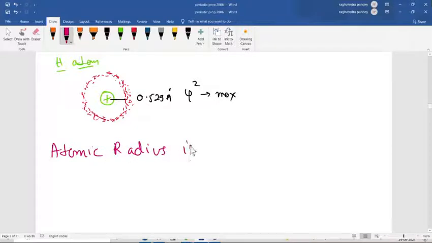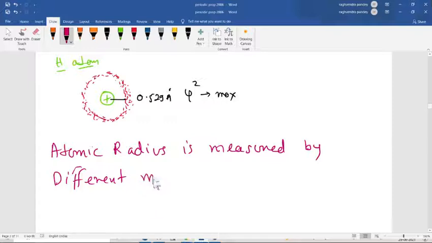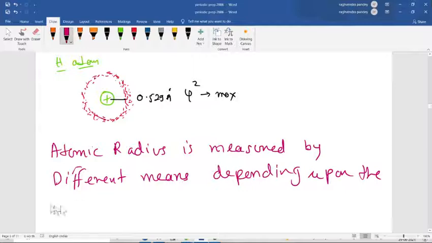Atomic radius is measured by different means, depending upon the nature of the element.